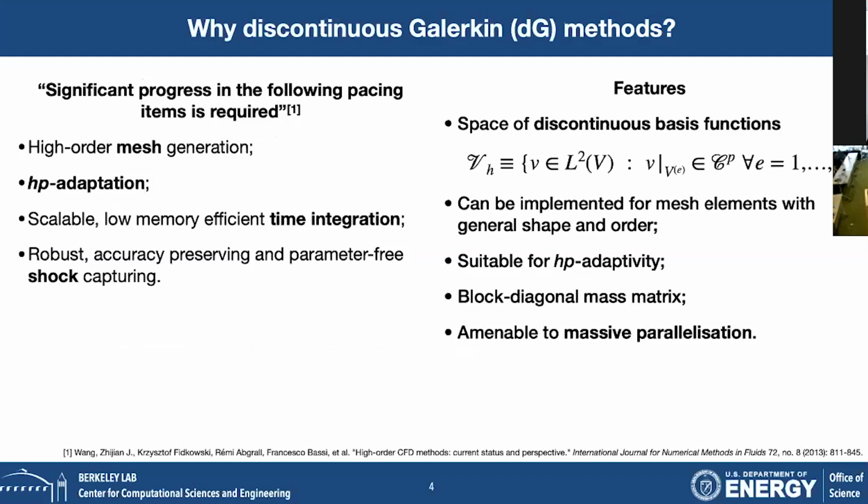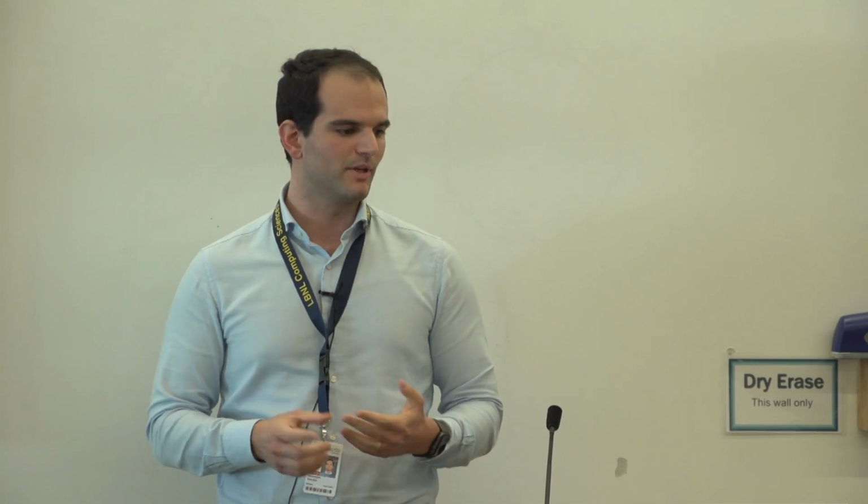Now, after I've introduced the advantages of higher order methods, the next question is why use the discontinuous Galerkin method? To answer this question, I want to cite a paper, where the authors have gathered information from the whole CFD community that has worked on CFD problems.